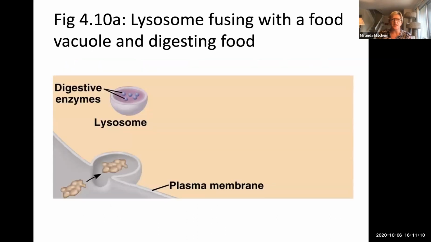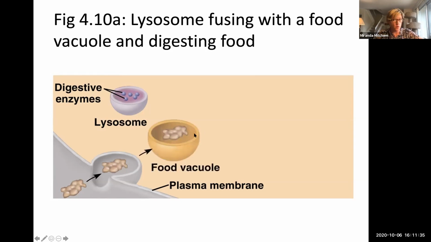So this is an example of a food lysosome. So we've got the lysosome containing its digestive enzymes made by the ER, and our plasma membrane is shown here in gray, and some food has come into a vesicle that has pinched off from the plasma membrane of this cell. So now it is properly called a food vacuole, and it's bigger.